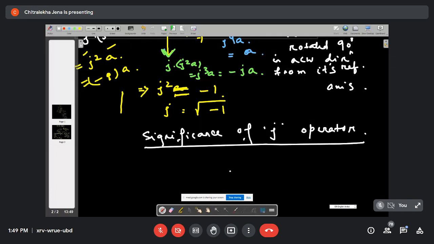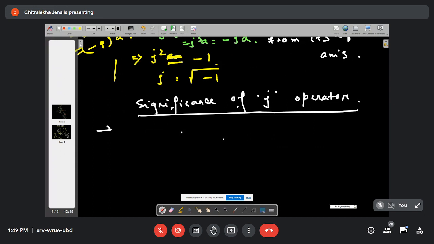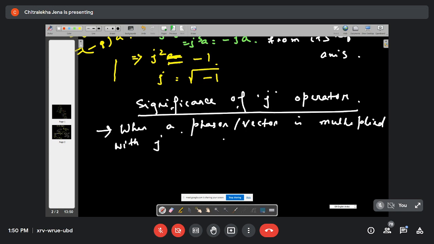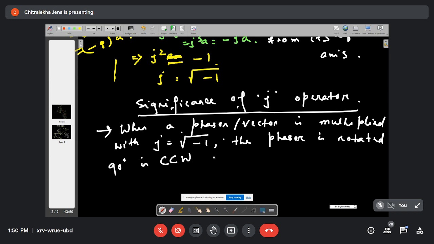The significance is that when a phasor or vector is multiplied with j, which is equal to square root of minus 1, the phasor is rotated 90 degrees in the counterclockwise or anti-clockwise direction.